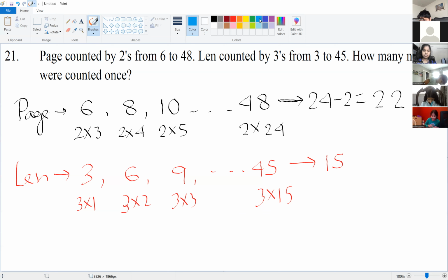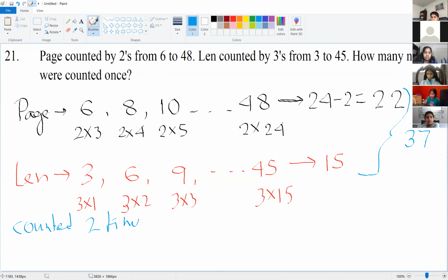8. So Arush, I think you missed one part. Do you see there are 37 total numbers counted? Yeah. Correct? But which numbers were counted twice? 6 numbers were counted twice. So I have to subtract those numbers, correct? Wait, no. Oh, 7 numbers were counted twice. So let's see. 6.